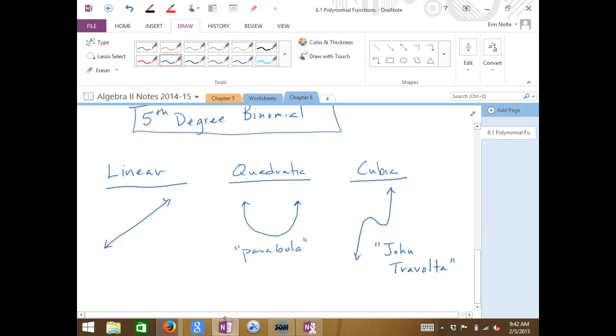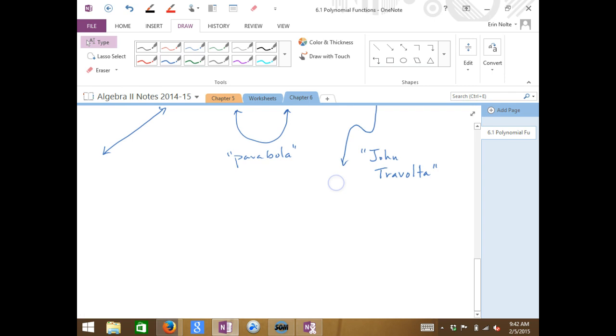Alright, so this is the very last piece of this section. What they're going to do is they are going to give you some data points and ask you to come up with a cubic model.